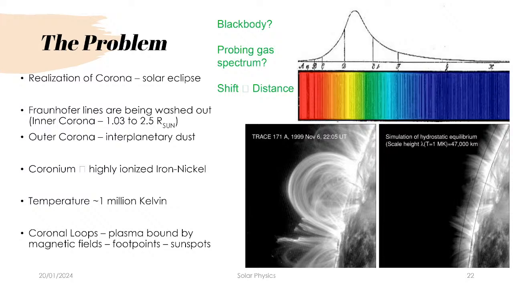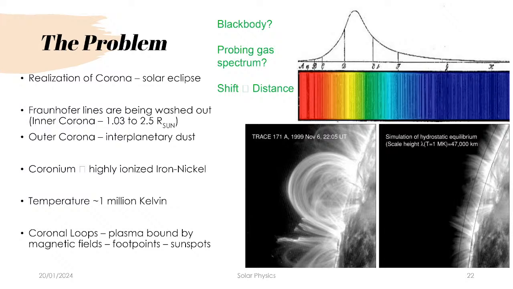And secondly, in the outer corona, you see that there is some interplanetary dust and there are some absorption lines. That's nice. And then you have the emission corona, wherein you see quite a few different types, I guess a few dozen types, of emission lines that we observe.